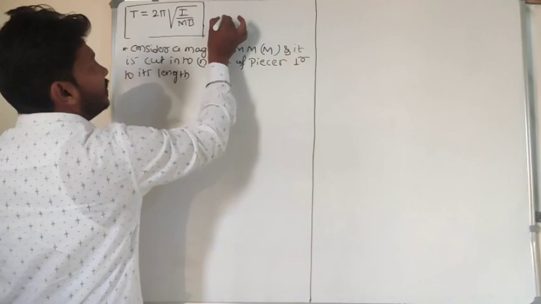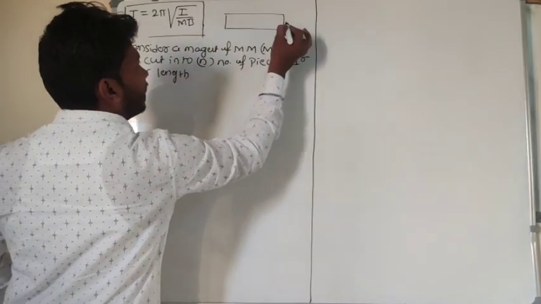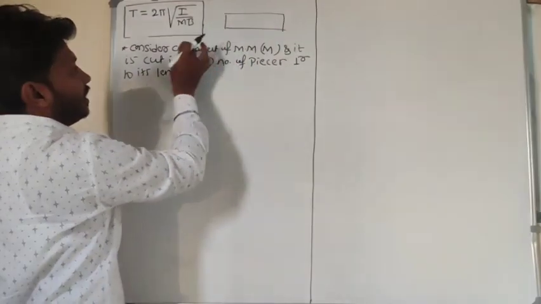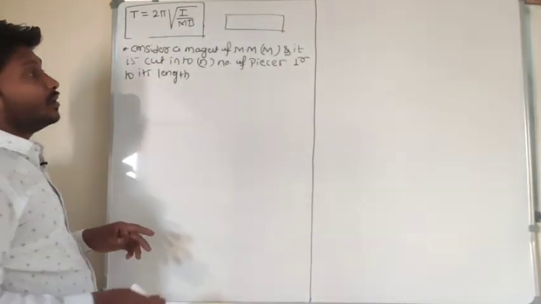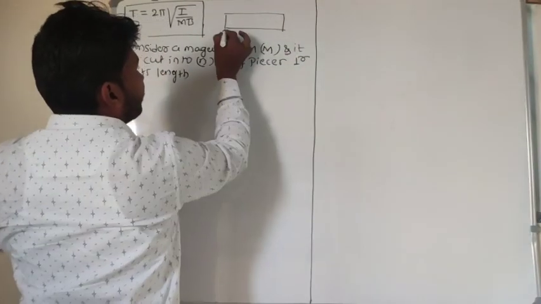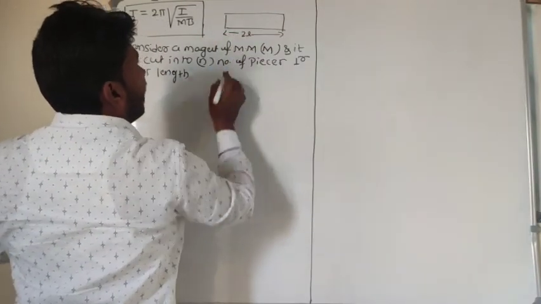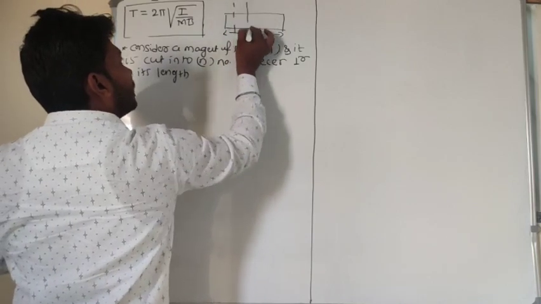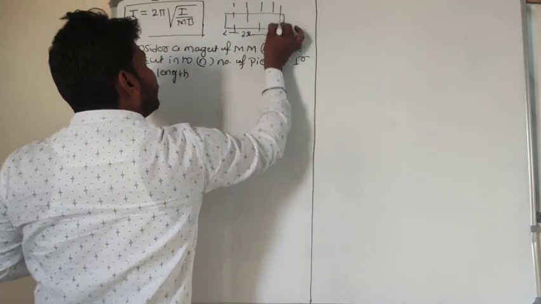Look at here, this is one bar magnet. I will cut this bar magnet perpendicular to its length. So this is the length here, that is 2L. I will cut this bar magnet perpendicular to its length.